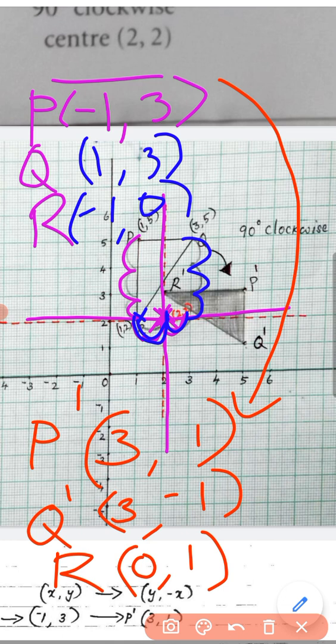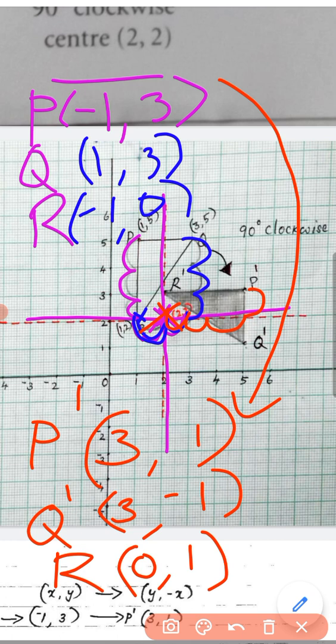Now we have to plot the new points. When we are plotting the new points, you should count the units from the new origin, that is 2, 2. P dash is 3, 1. 3 means 3 units to the right side, so from here 1, 2, 3, and 1 means 1 unit up.